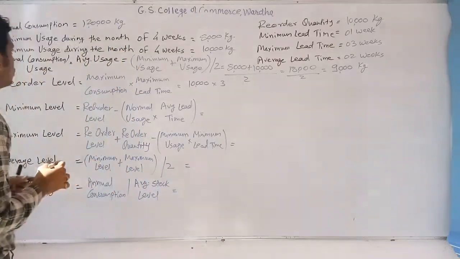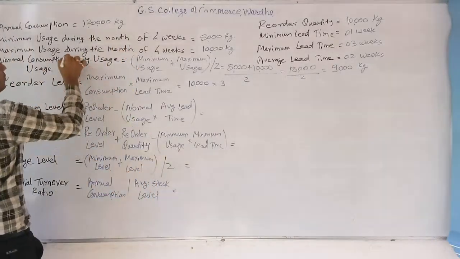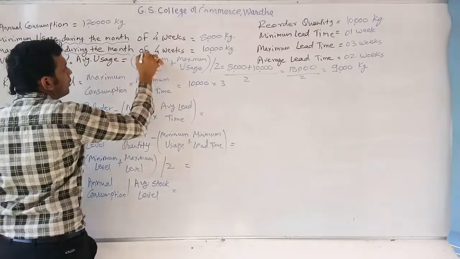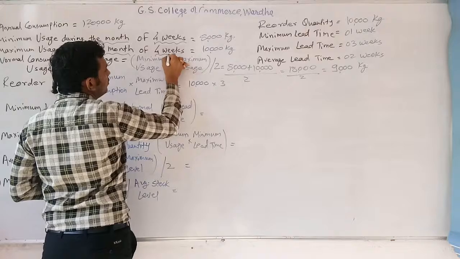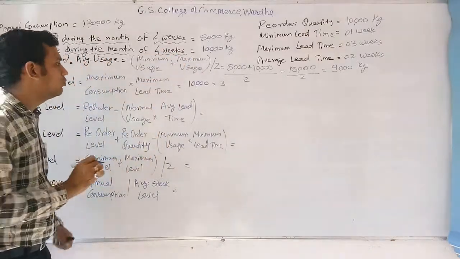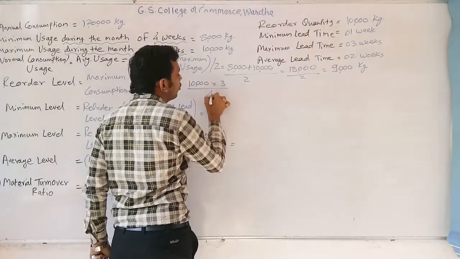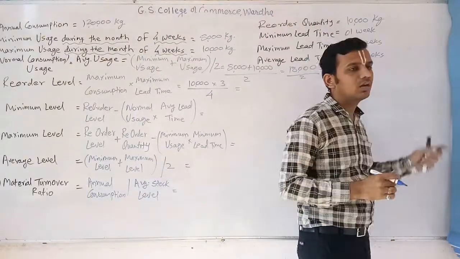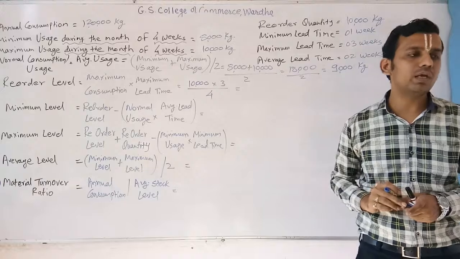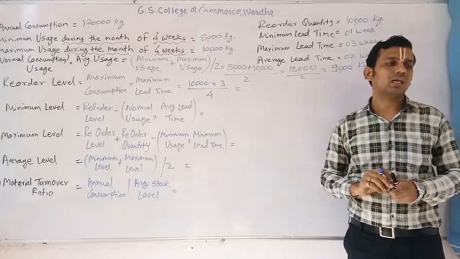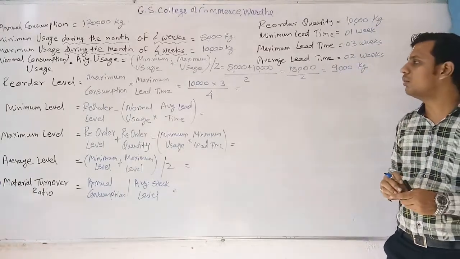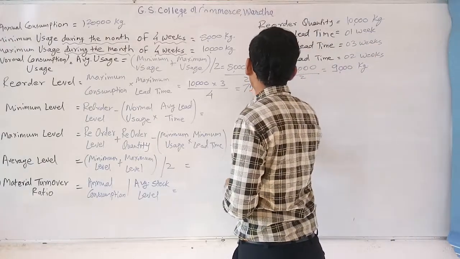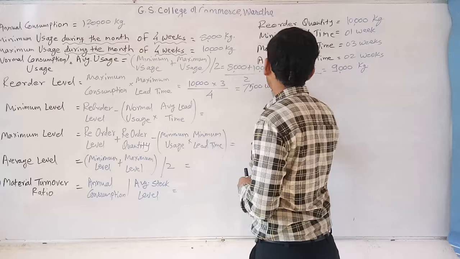But again in this question, the consumption is given in a monthly pattern, and a month comprises 4 weeks as stated in the question. That is why we would divide it by 4, so that we get weekly information as the unit goes in the question. That is why 10,000 into 3 divided by 4. So our answer is 7,500 units.